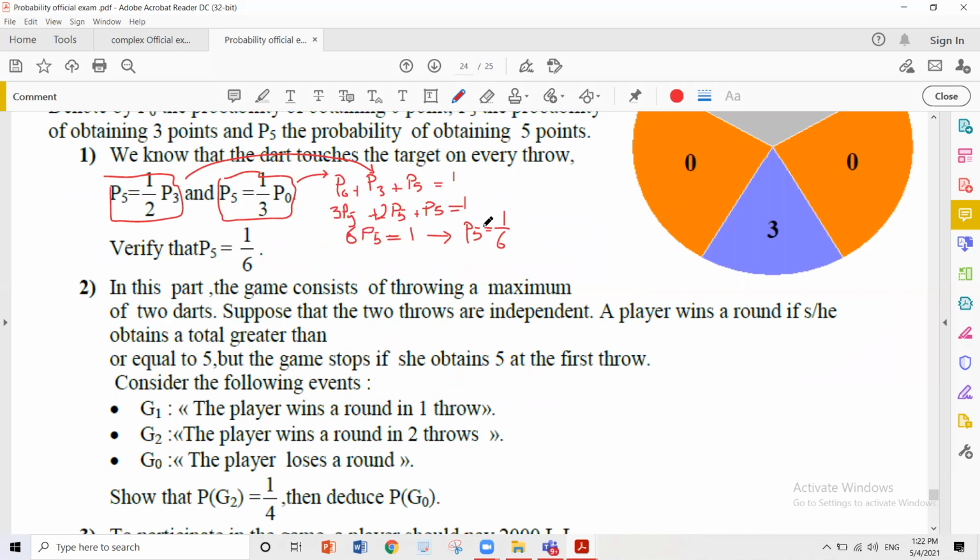Okay. P5 equal 1/6. How much will be P3? P3 equal 2P5 equal 1/3 or equal 2/6.